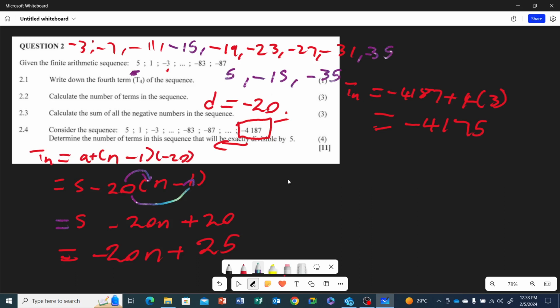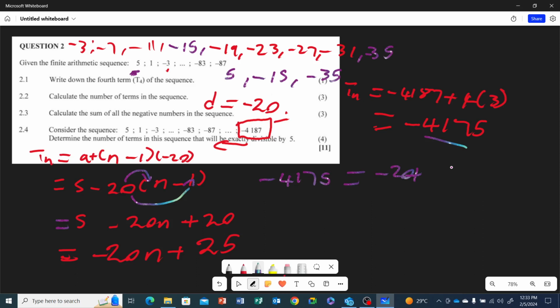Let's look at the last term, which is negative 4175, which equals the equation that we have, negative 20n plus 25.